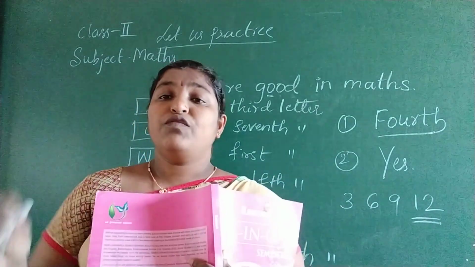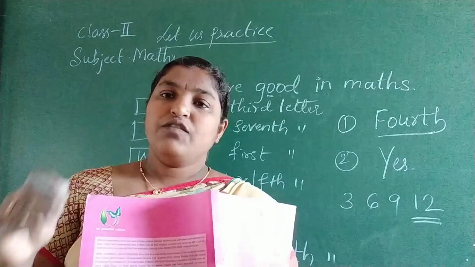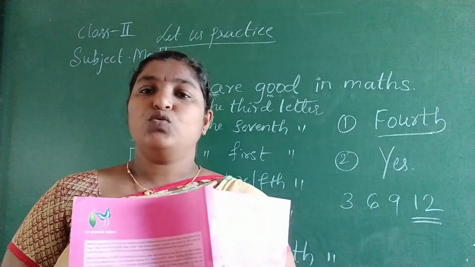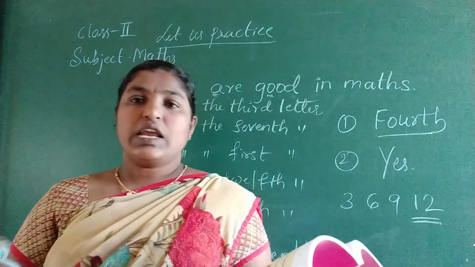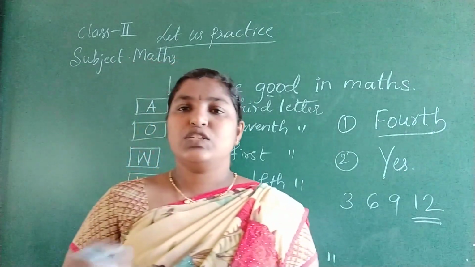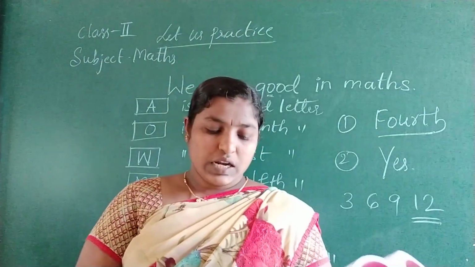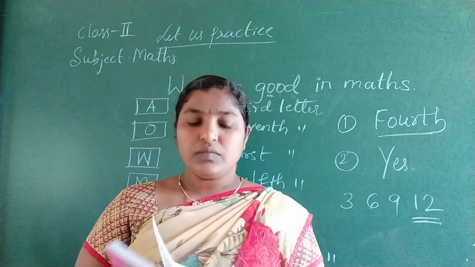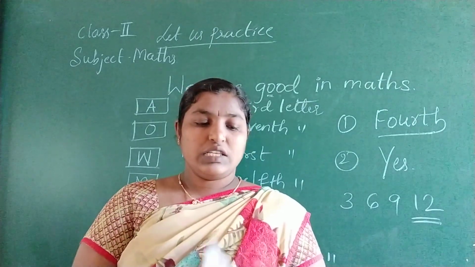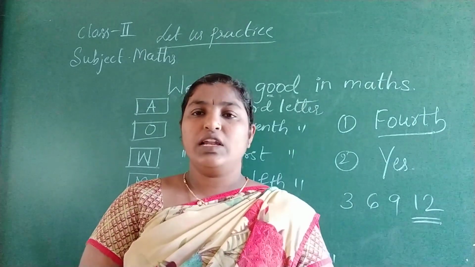If before your grandfather your mummy goes out to do something, you write your mother's spelling. Then second, if your father goes out, just observe that and you can write the answers. So this is lesson number 2, ordinal numbers.